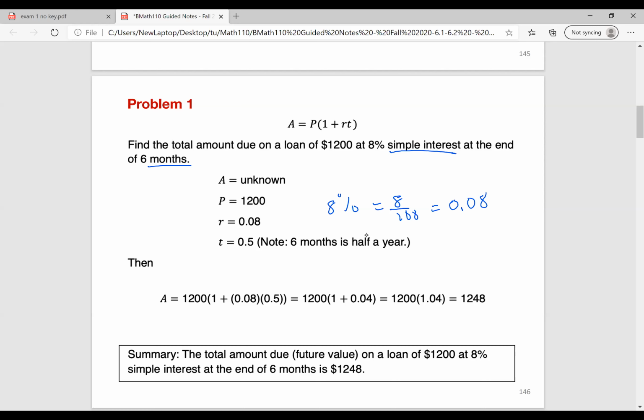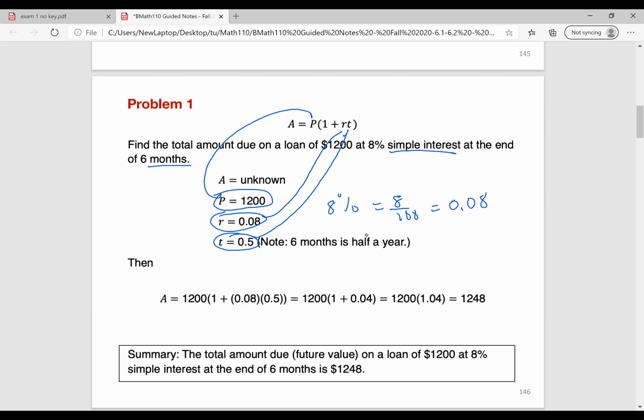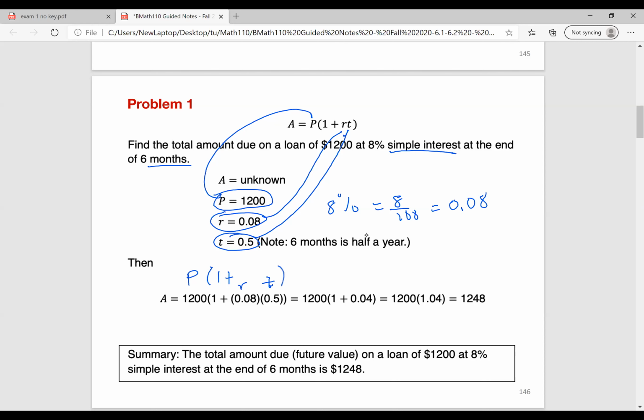P goes here, R goes here, and T goes to this T. So A equals 1,200 times (1 plus 0.08 times 0.5), which is T. Simplify the parenthesis first, and finally I get 1,248.